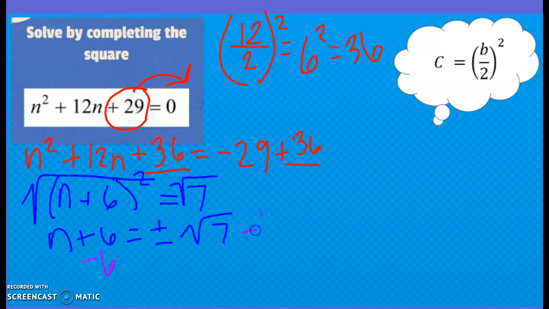And so one of them will be negative 6 plus the square root of 7. And the other will be negative 6 minus the square root of 7. Or they could write it like this, but they usually don't.